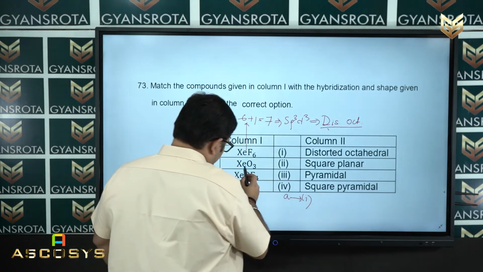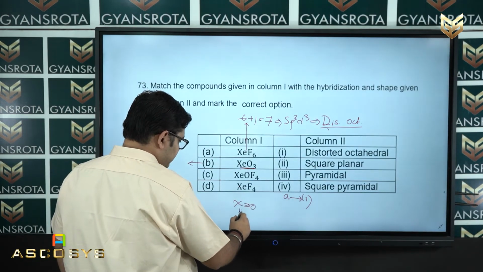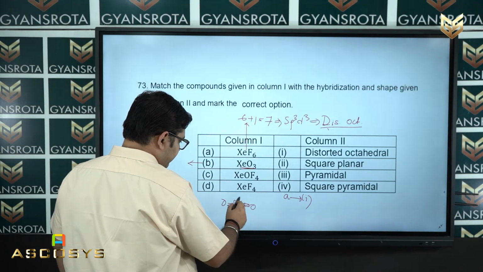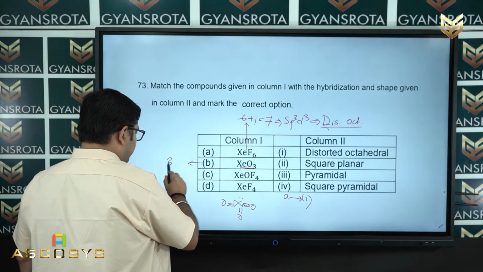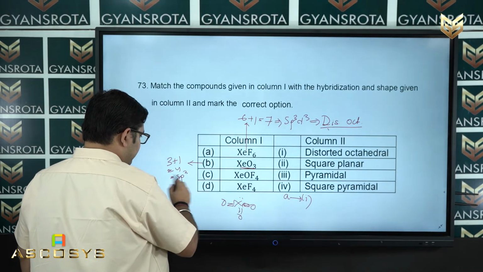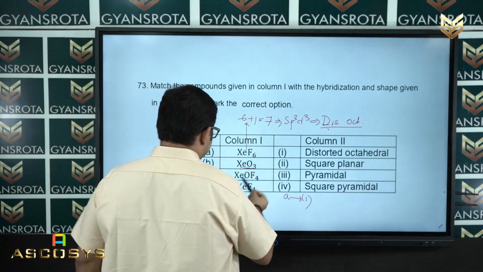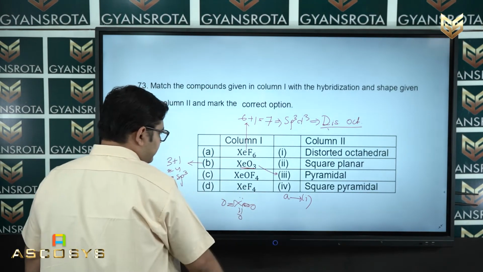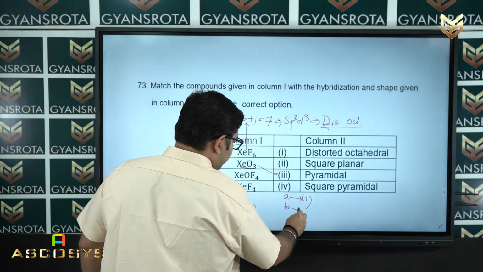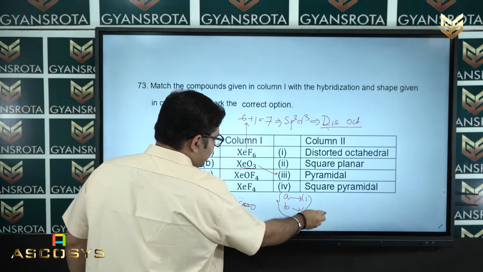Now if you see XeO3, the structure looks like this, and it has 1 lone pair. So 3 bonded and 1 lone pair, that is 4, and when it is 4 it is sp3, and it should be a pyramidal structure, right? B matches with 3. So B, having 1 lone pair, looks like a pyramid, so A is matched with 1 and B is matched with 3.